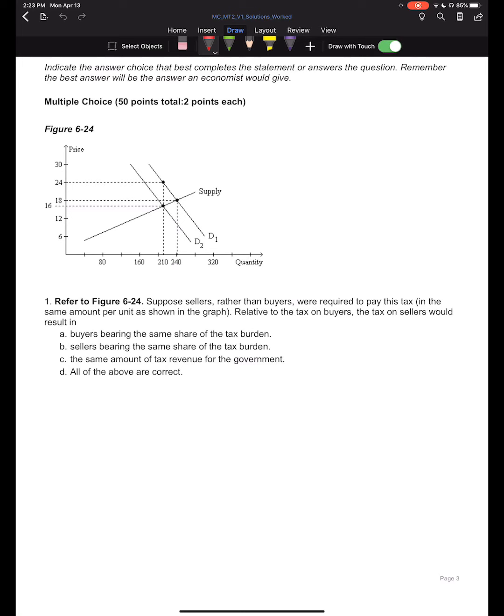So right up there at 24 is the price buyers pay. Right here at 16 is the price sellers receive. And we know that the difference between 16 and 24 is the size of the tax.